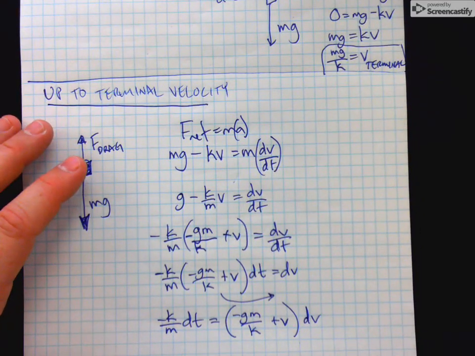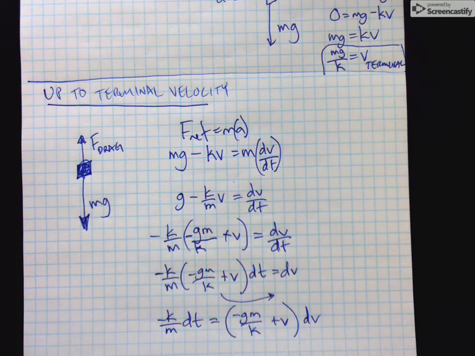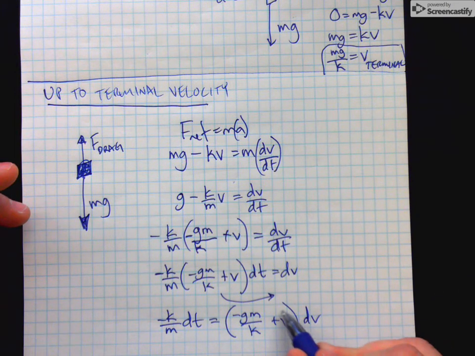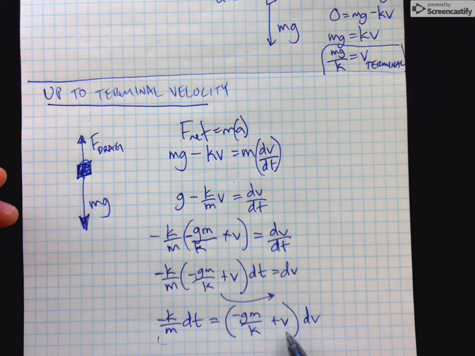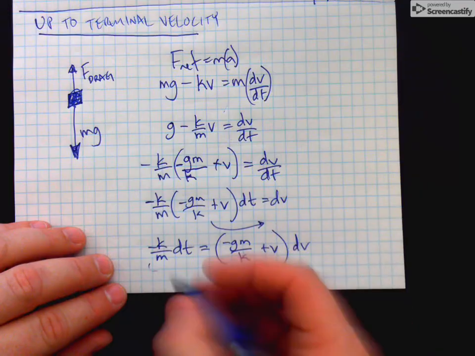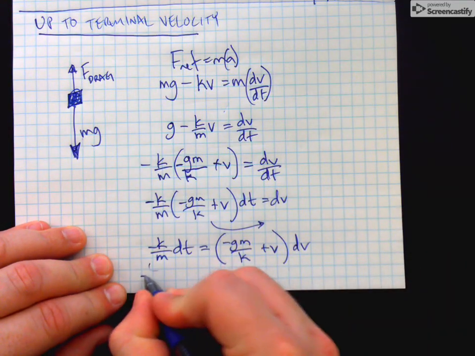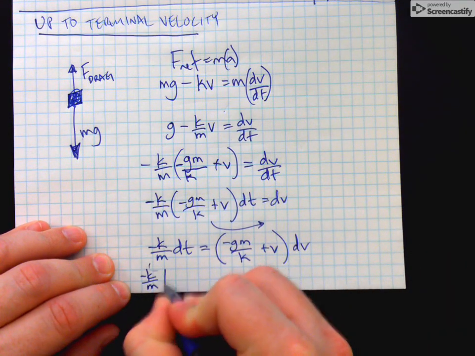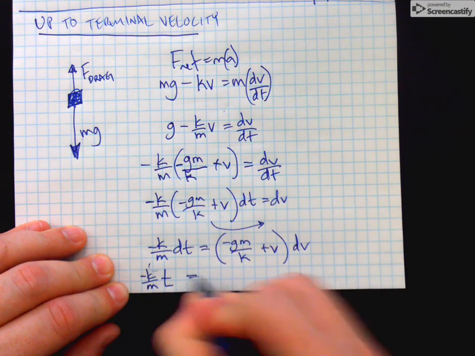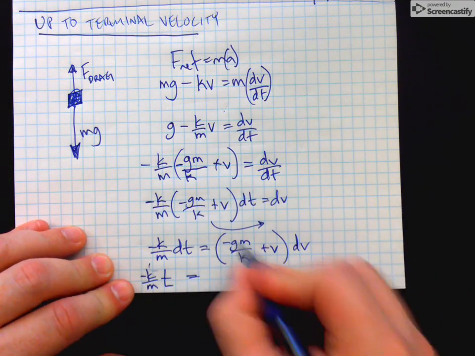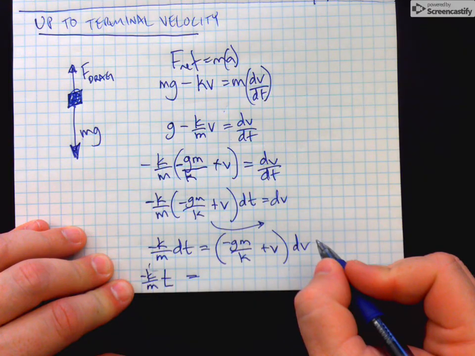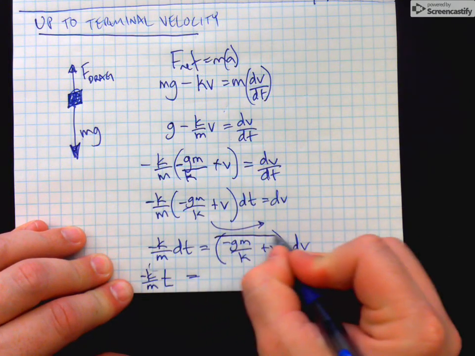So now I'm at a spot where I can actually take the antiderivative. By doing that, I now am going to have something based off of time and something based off of velocity. So when I do that, I get negative k over m t equals... oh, when I move this over, I forgot that it's 1 divided by that.